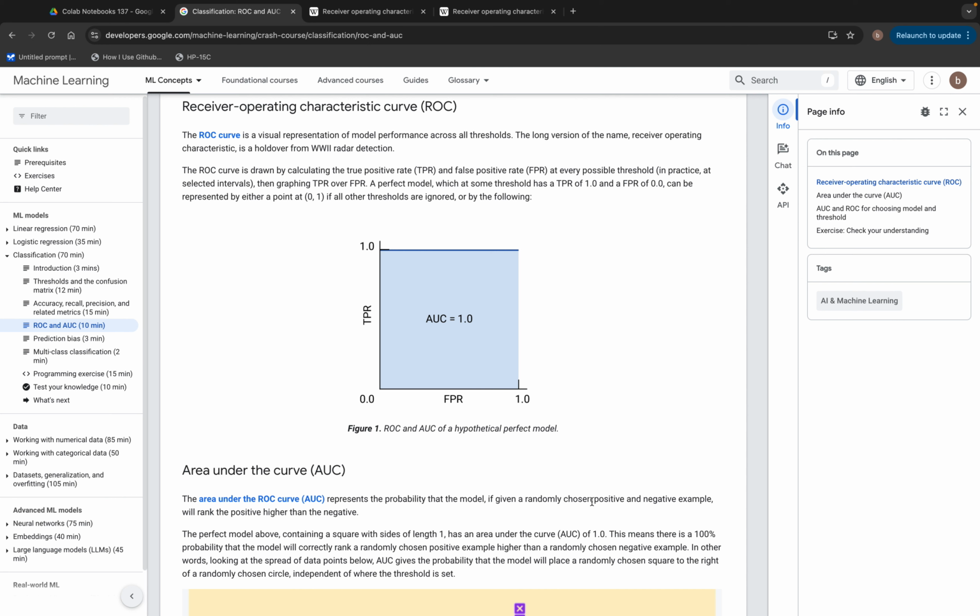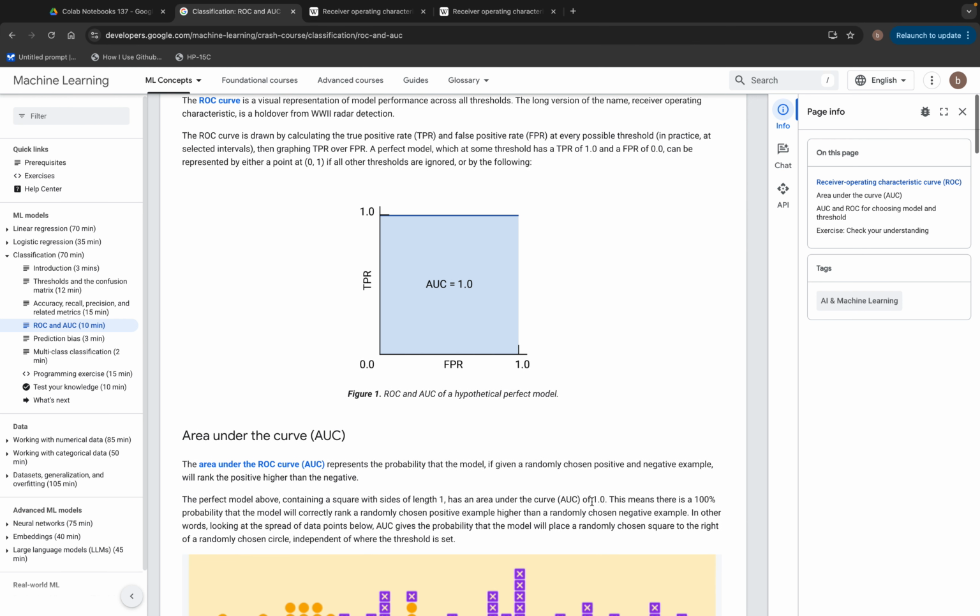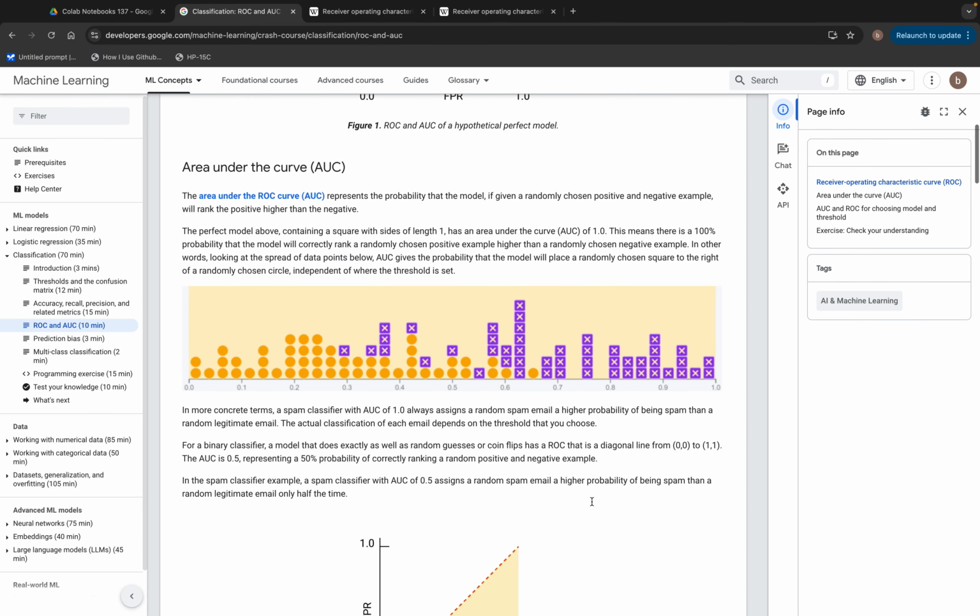Those of us in the medical field like to use sensitivity and specificity. So the vertical axis, the TPR, is the sensitivity, and the horizontal axis is 1 minus specificity. You'd always like to have the area under the curve, the AUC, as close to 1 as possible. This is the ideal situation, which you really can't get to, but it's good to know that that's the ideal.